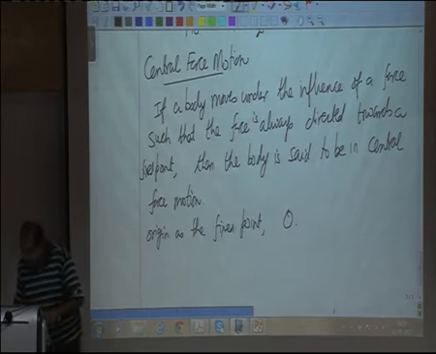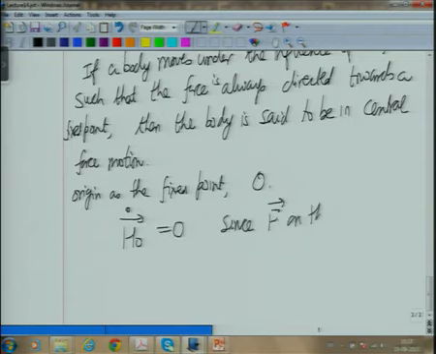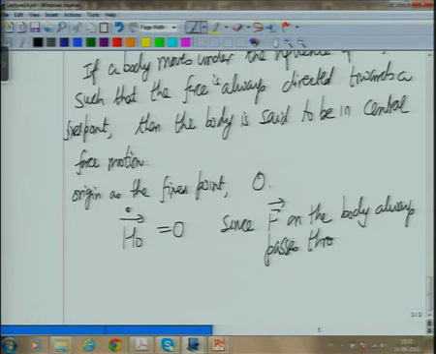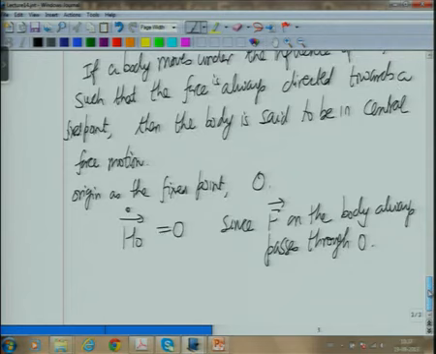That H about O, since F on the body always passes through O. So HO dot, which we said was equal to r cross mv, is equal to the sum of all the moments.